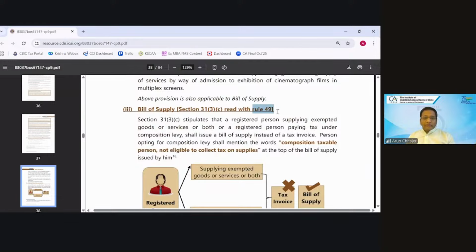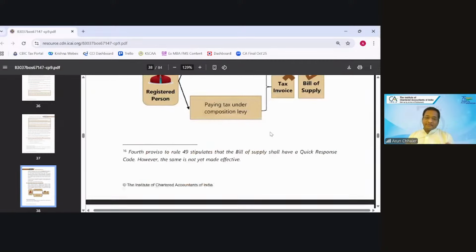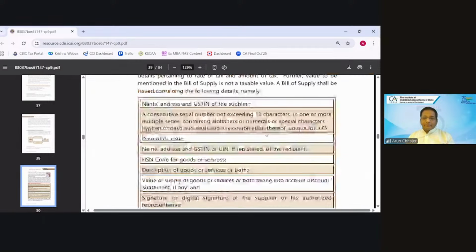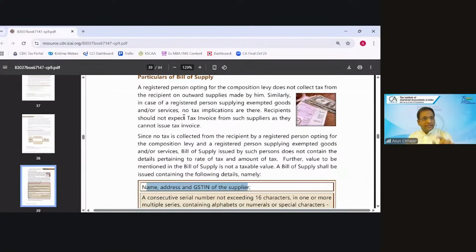Then Rule 49, which talks about the content of the bill of supply. The content of the bill of supply: name, address, GST number. Will there be a tax amount also on the bill of supply?